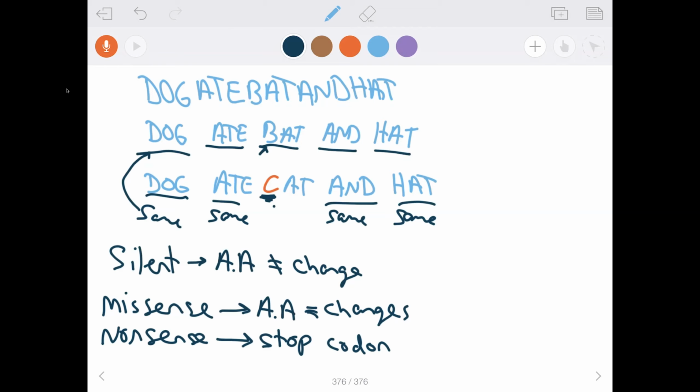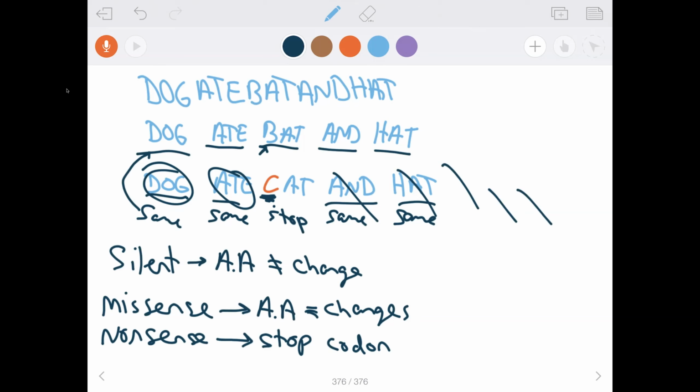You'd only make half of it, the first half. You'd make this one and this one, but if this change triggered a stop codon, this wouldn't get made and that would not get made either, and anything else down the line. So a premature stop codon is called a nonsense mutation.